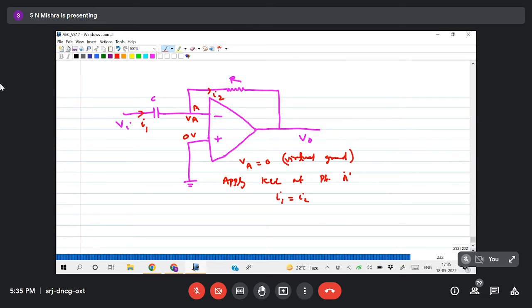What is I1? We know Q equals C into V. In 12th standard you have studied this. If you differentiate, dq by dt equals C dV by dt. What is dq by dt? That is current.